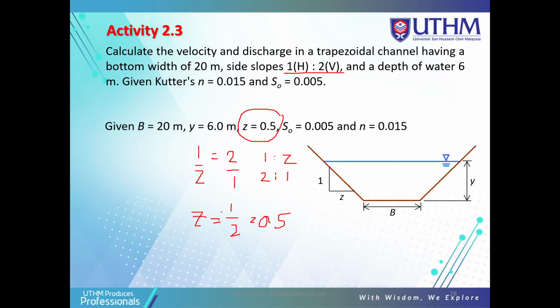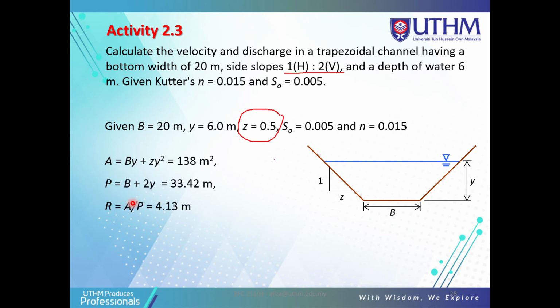After you get z, calculate the area of the channel. Calculate the area of the channel using the trapezoidal formula, B times y plus z y squared.